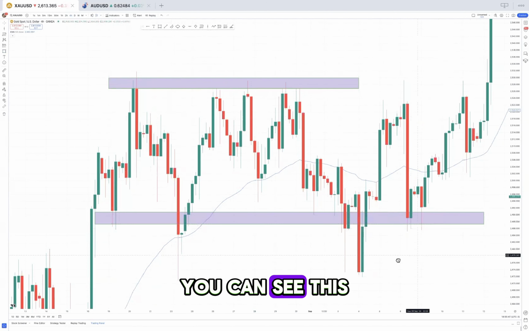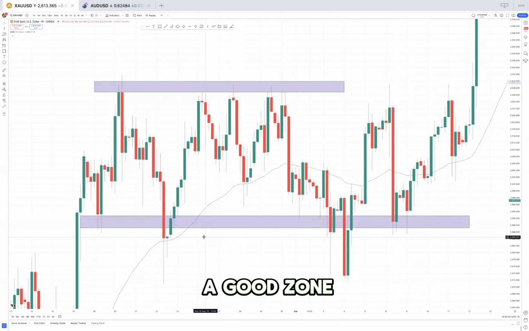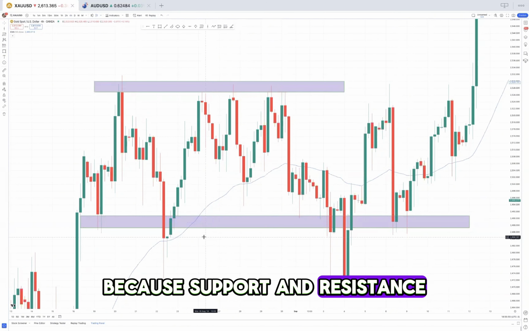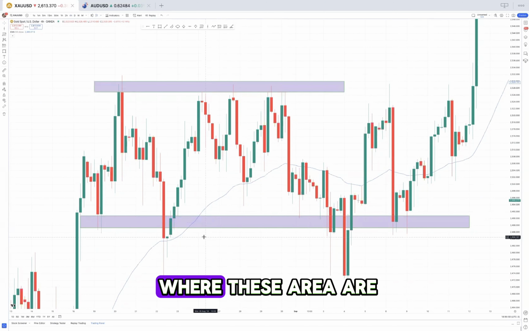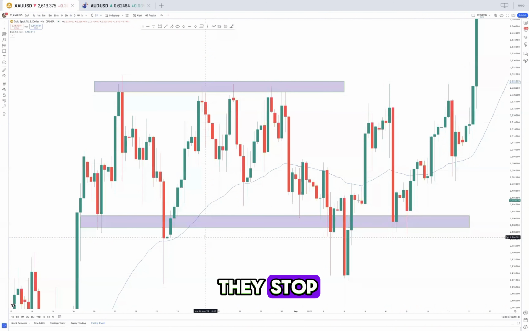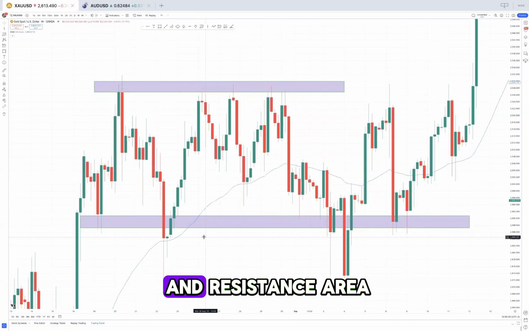You can see this is how to map a good zone, because support and resistance is an area, not just a line. I do use lines just to make my charts clean, but I don't know where these areas start or where they stop. So if you want to be more successful using support and resistance areas, you should be able to map them very well.